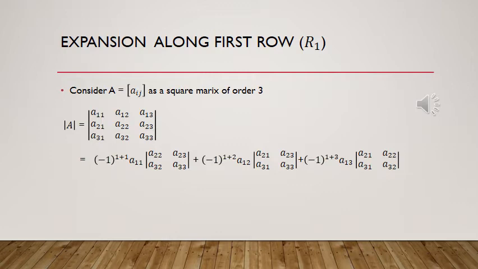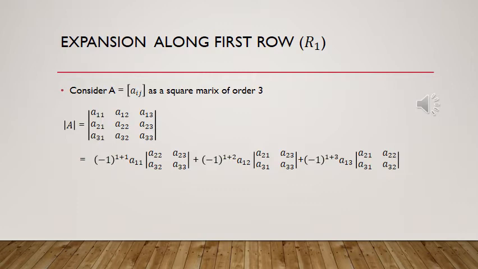Expansion along first row. The first row elements are A11, A12, A13. Let's consider the first element A11. What are the suffixes 1 and 1?